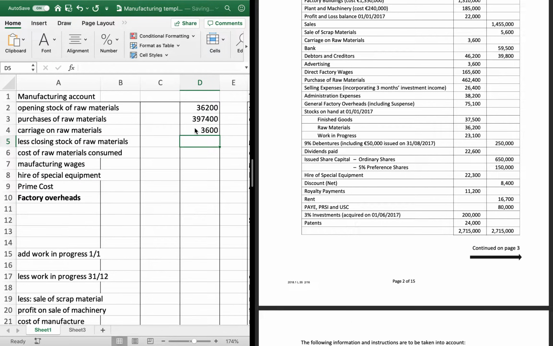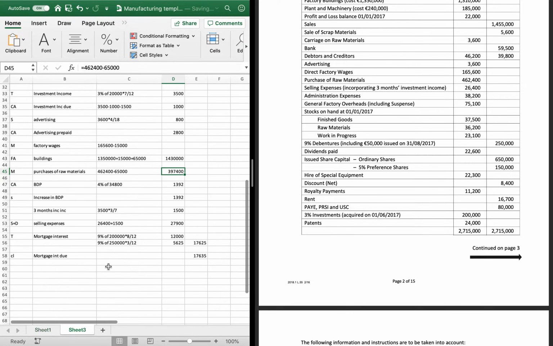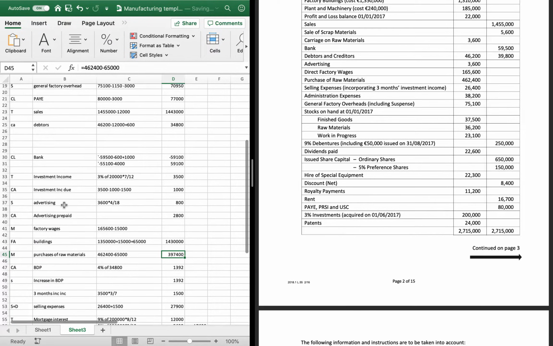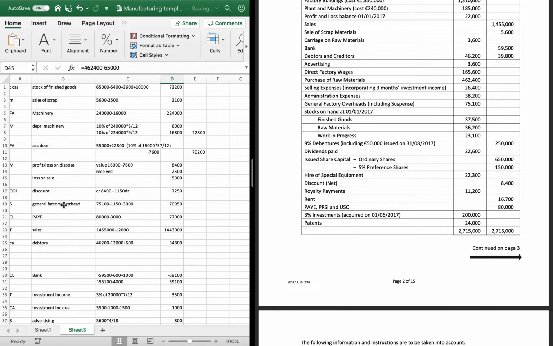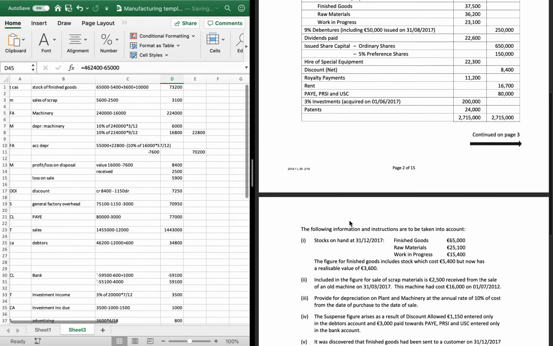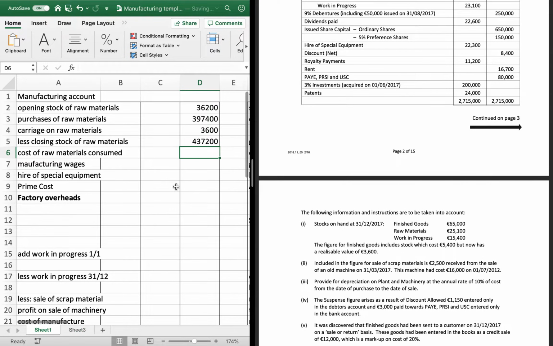So we add those together. Going to take out our closing stock of raw materials from our workings page, which was somewhere. We definitely changed it when we made the... Did we change it? No, we did. 25,100 from the question, and then we'll add that on.